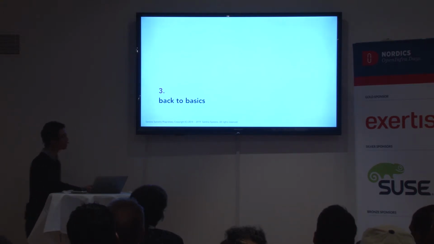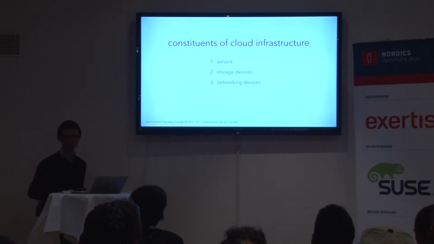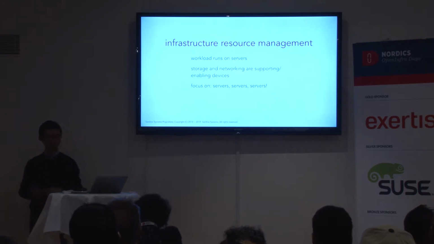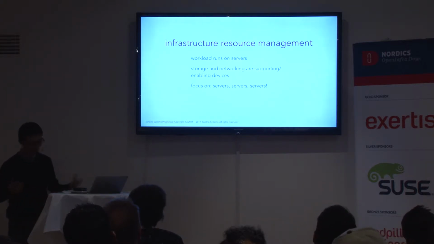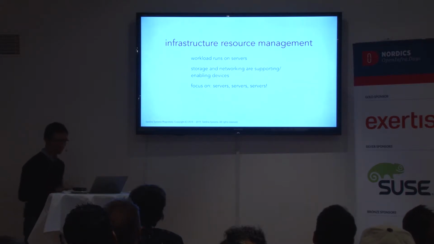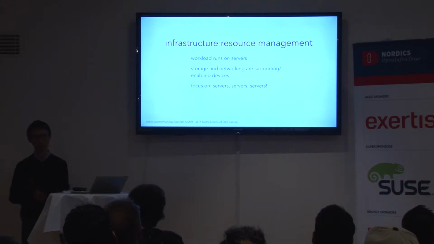So now, let's go back to some basics. What constitutes cloud infrastructure? Server, storage, networking. Anything else? Not really. So for infrastructure resource management, because workloads run on servers and storage and networking, those are only there to support. Therefore, our focus in turn narrows down to servers, servers, servers.